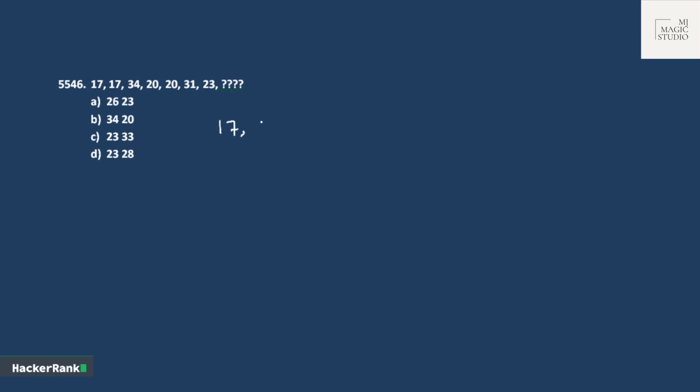Again a number series. 17, 17, 34, 20, then we have 20, 31, 23, and since two options are given, I will also need to find the next two. Majority of the time it is a combination of two series.